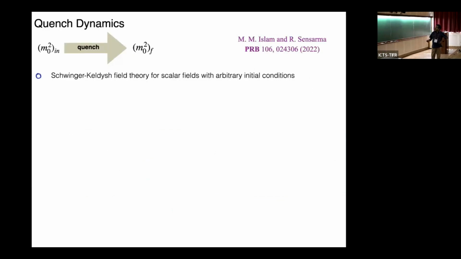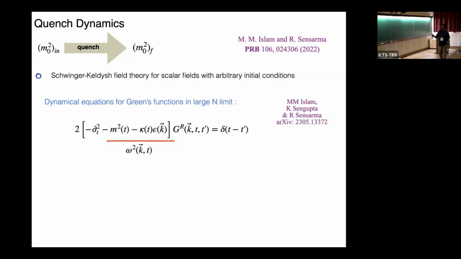Okay. What we wanted to study in the last maybe 5 minutes, let me tell you about, is the quench dynamics. So what we were doing is we were quenching the bare mass of the theory from an initial state to a final state. Okay, and then we use our dynamical equations with this initial condition.